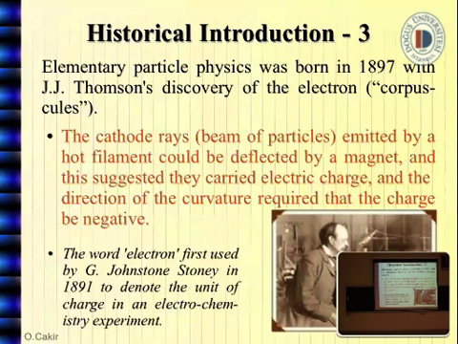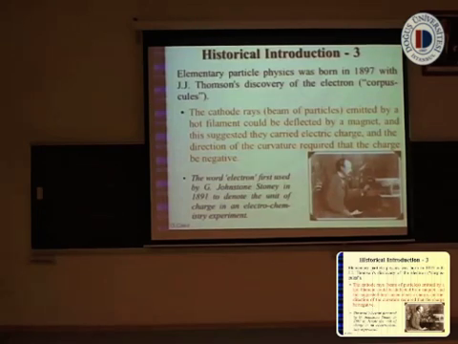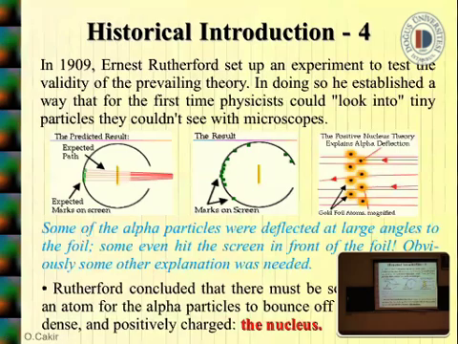In this experiment, it was called corpuscles for the electron, but in an electrochemistry experiment, the word electron was used by Stoney. Okay, there is also another experiment which is important for particle physics. It is the Rutherford experiment.